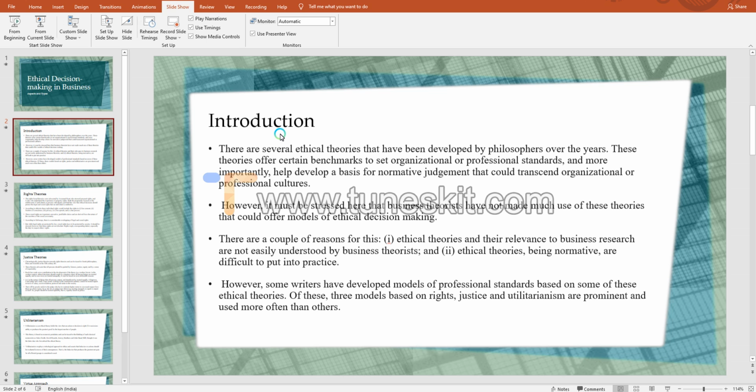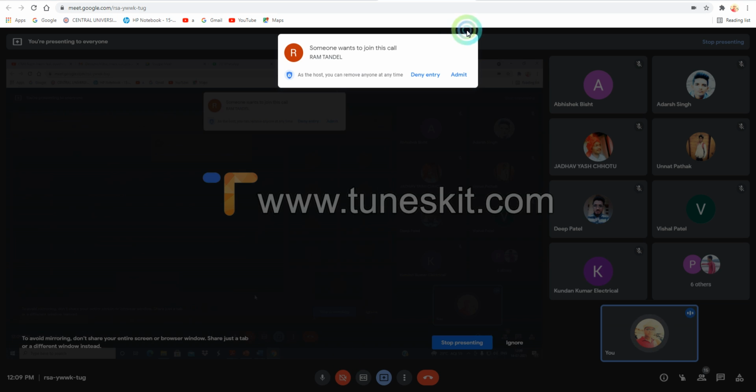Whenever we talk about ethics, there are many theories about ethics, and whenever we talk about ethics and business, we are trying to look at ethics in terms of business purpose.